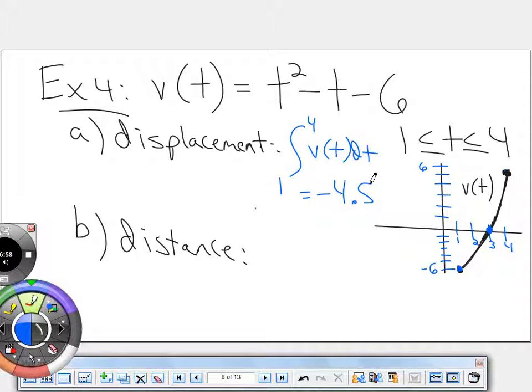Let's say this was given in meters, perhaps. Then that means that the position is negative 4.5 meters from where it was at 1 second. Okay? Total change in position. So definitely want to write something like that. So we'll say, so it is 4.5 meters to the left of where it was at 1 second.